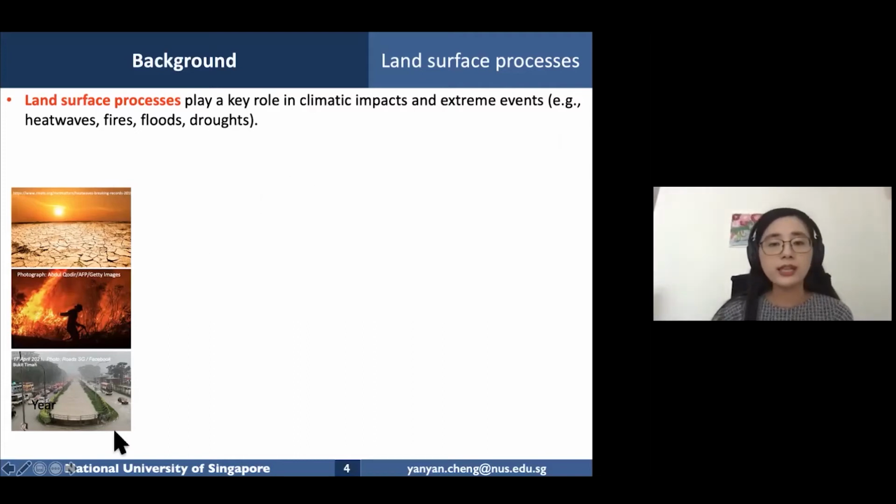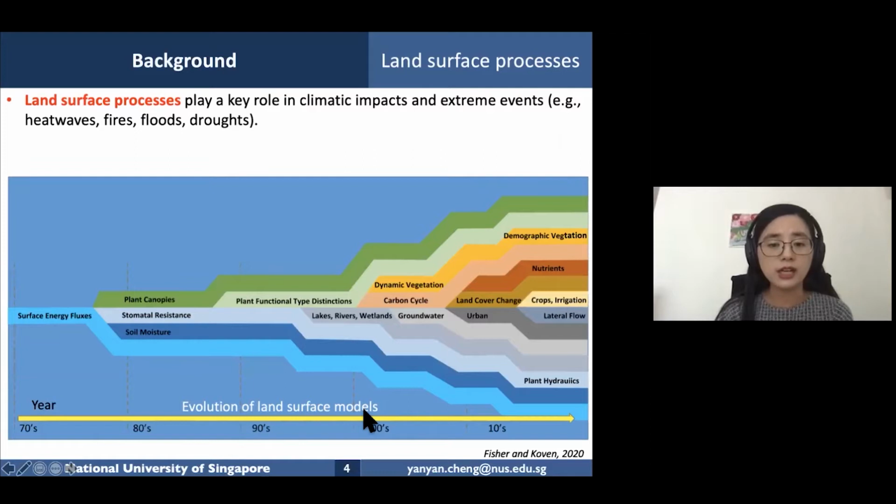And when we take a look at the evolution of the land surface models, here the x-axis is showing the time, from the early 70s to the current date, and here each color represents one element in the land surface model.